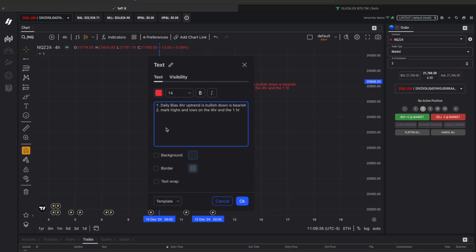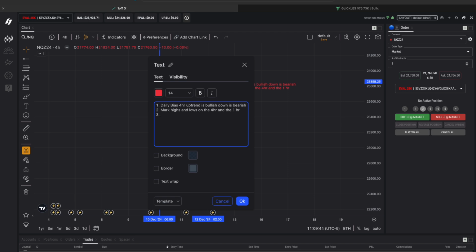The reason I do that is because I'm looking for a sweep of that area, a liquidity sweep. I do this before market opens, and way before I take a trade.